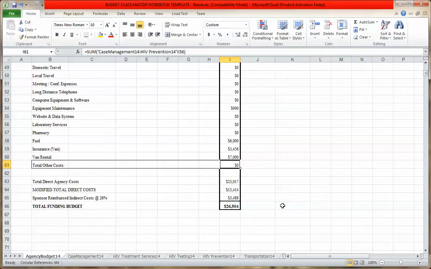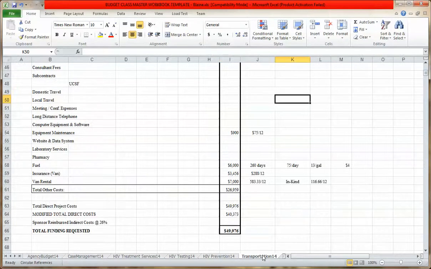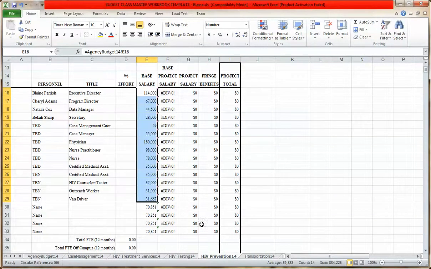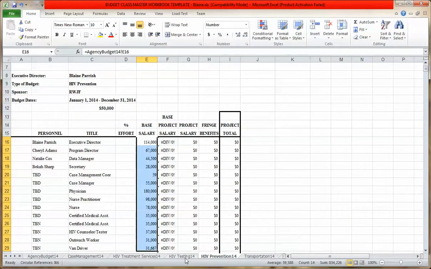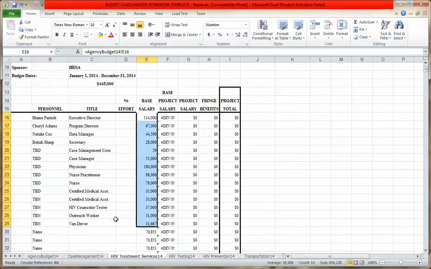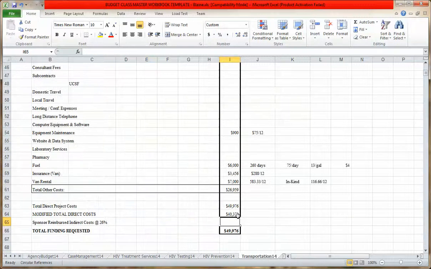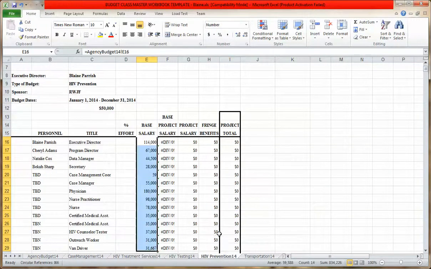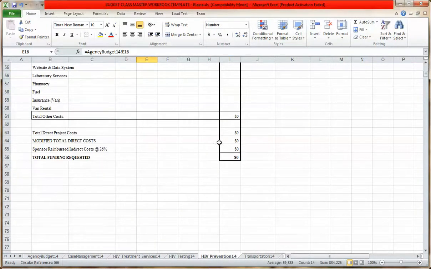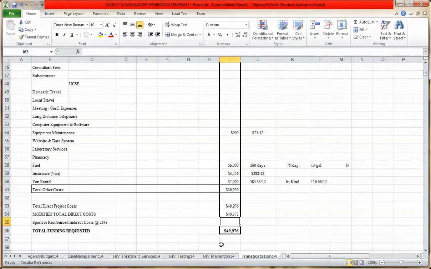So the final thing that we have to consider is there is no indirect costs for this program, but all of my other programs, this one is RWJ, this one is CDC, this one's HRSA, this one's HRSA. I can get my indirect costs on each one of those. So I'm going to leave my indirect cost calculation here, take it out here, and leave it on all the others.